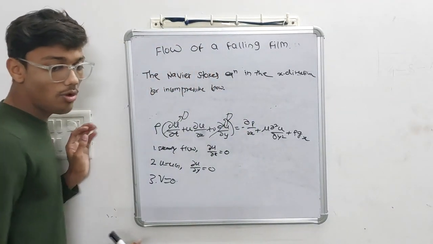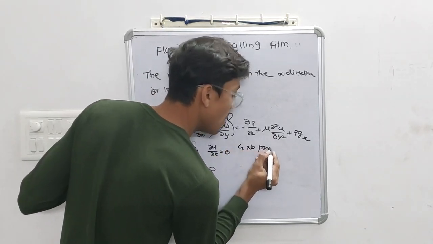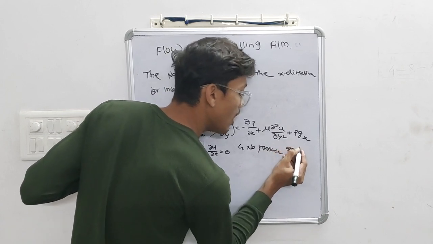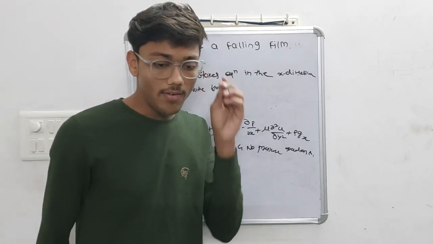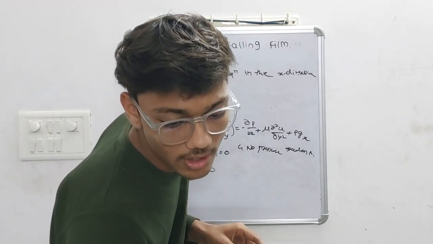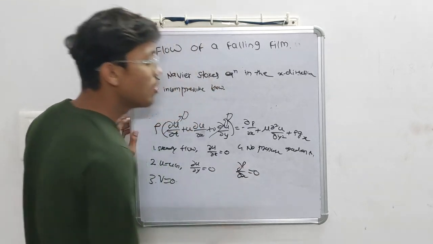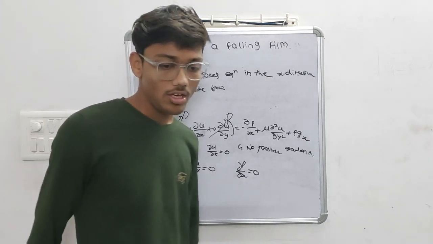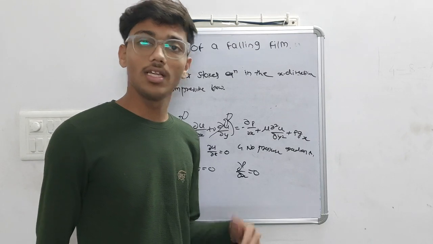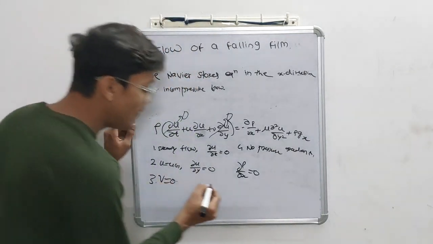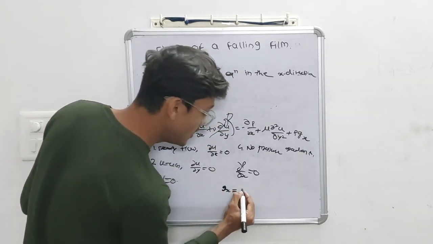Fourth, no pressure gradient, so dou p by dou x also becomes 0. Finally, gravity acts only in the x direction, so g x is equal to g.